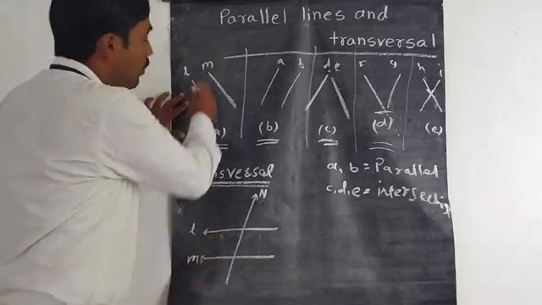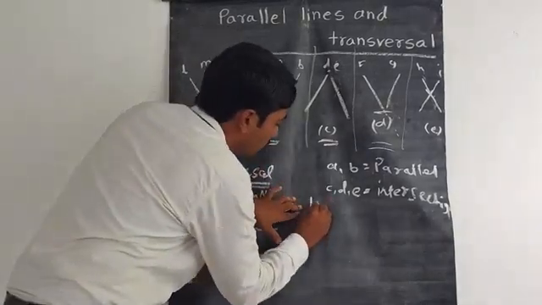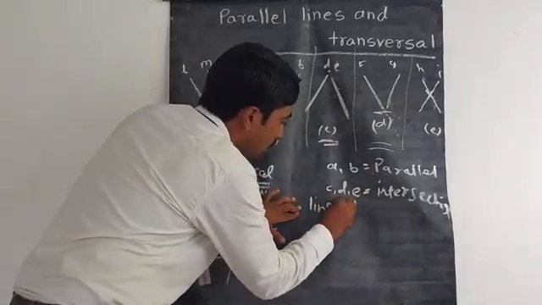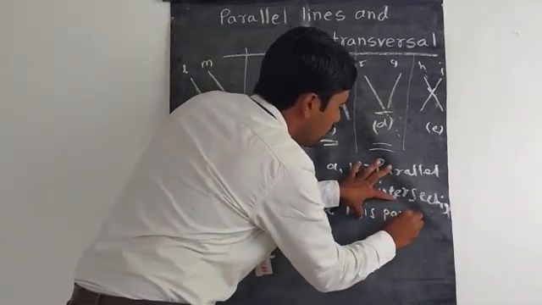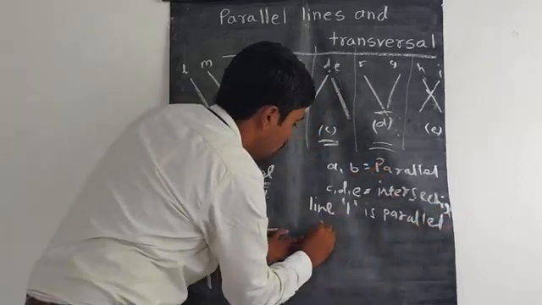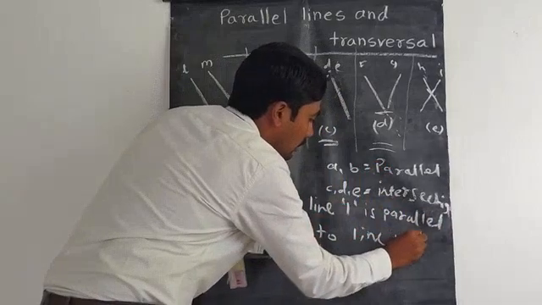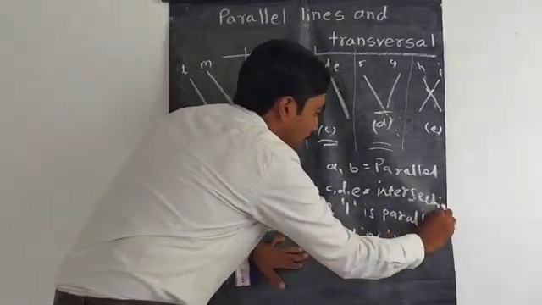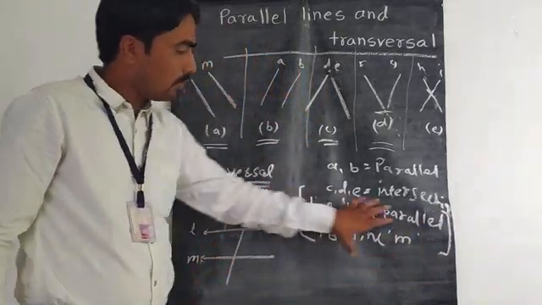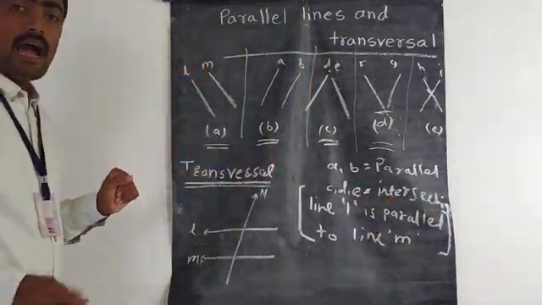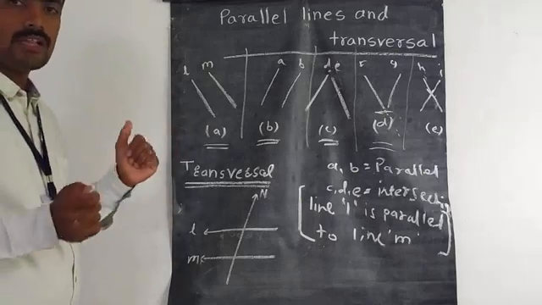See, now I am writing here that line L is parallel to line M. I have now written it in full words for you. How will you write that in symbols, in shortcut form?